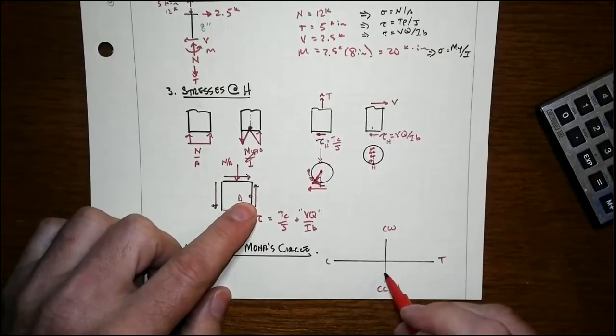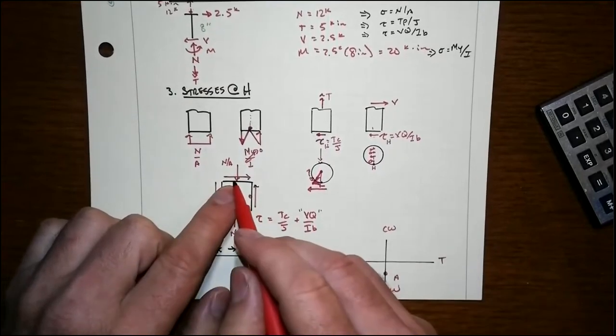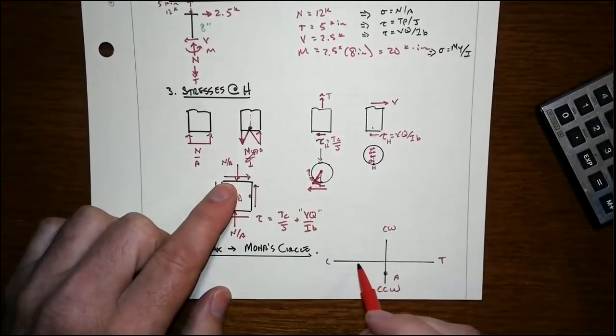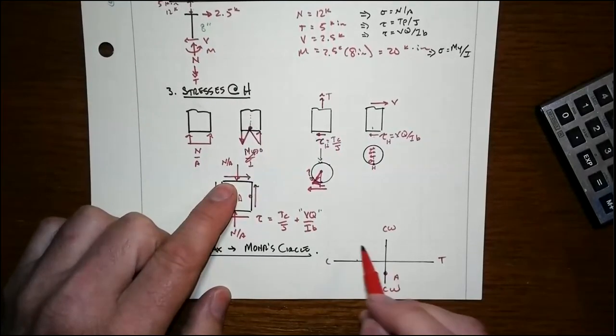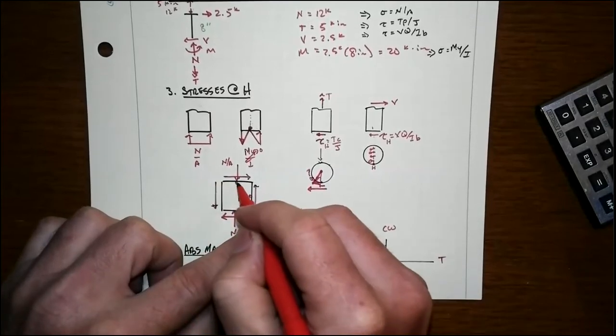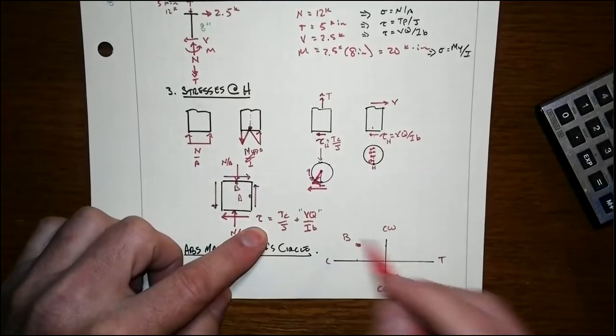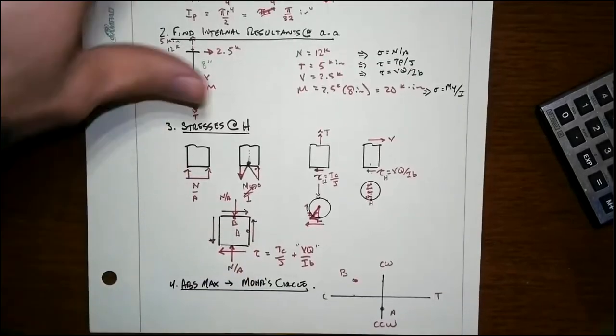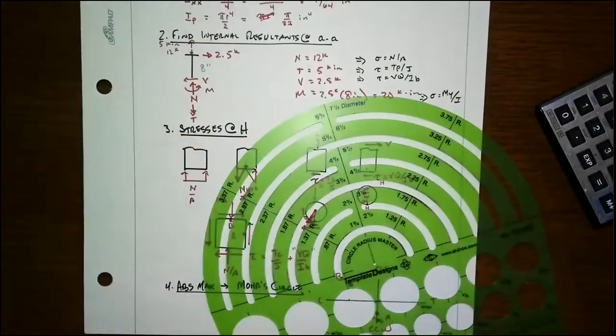So that would be point A would be here. And then that one's compression and clockwise, same magnitude. So there and there would be point B, right?